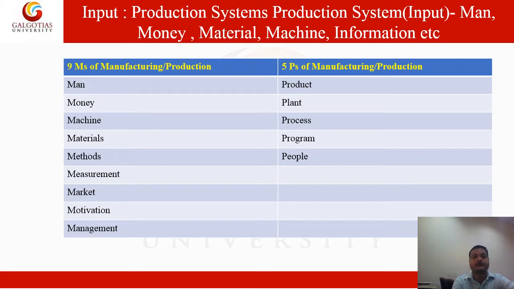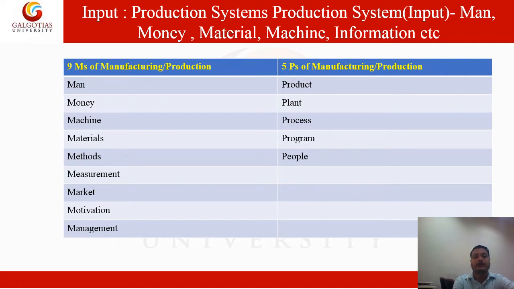Let us first discuss what the 9 M's of manufacturing are. As you can see in the slide, man, money, machine, material, methods, measurement, market, motivation, management, these 9 terms are considered as the 9 M's of manufacturing. The first M, man, is our labor, or the workforce of an organization.